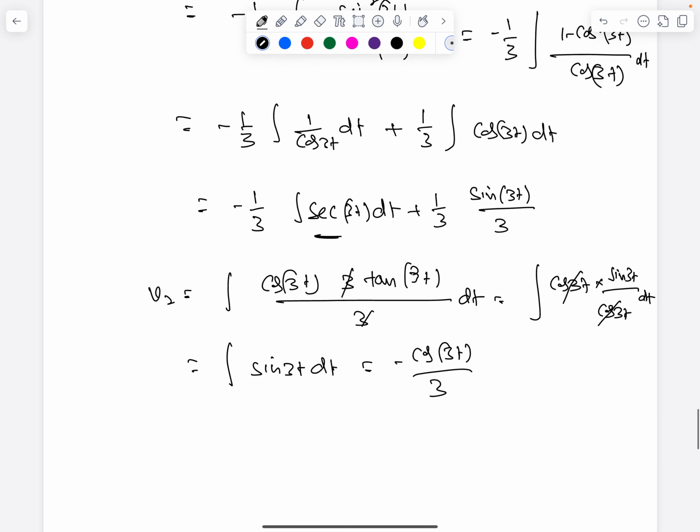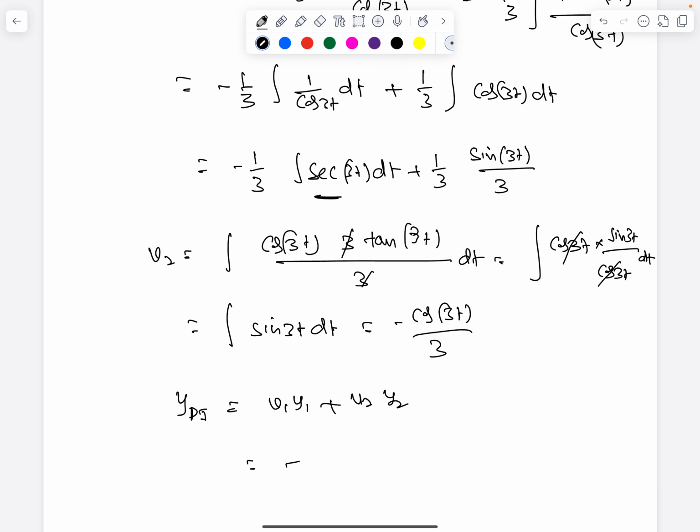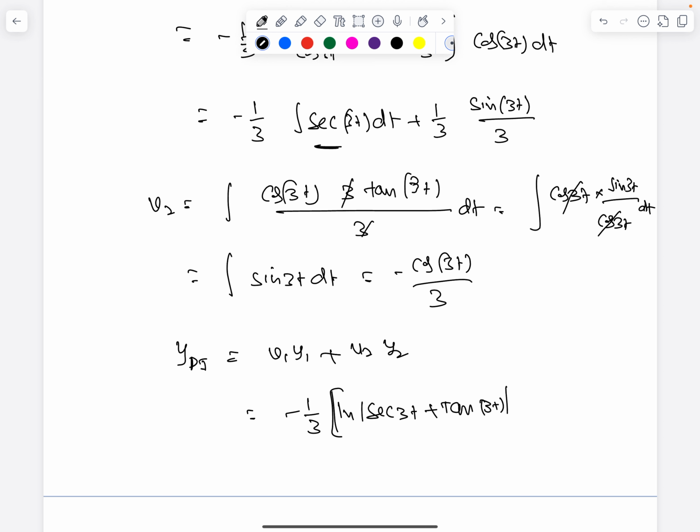So if you substitute, yp is equal to v1 y1 plus v2 y2. That is equal to v1, which is minus 1 by 3 times ln of secant 3t plus tan 3t for the integration of secant 3t, and that is multiplied with y1, that is cos 3t.